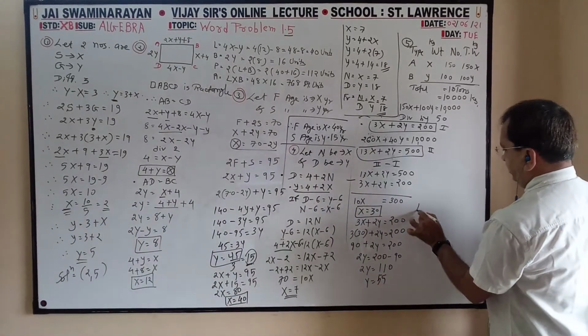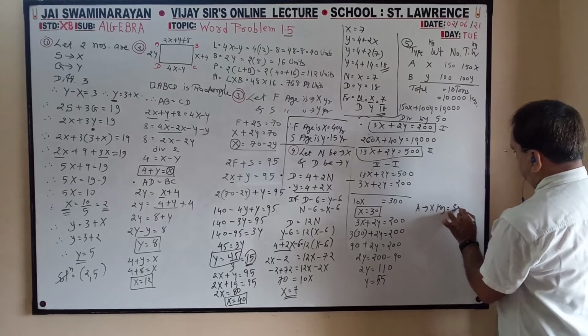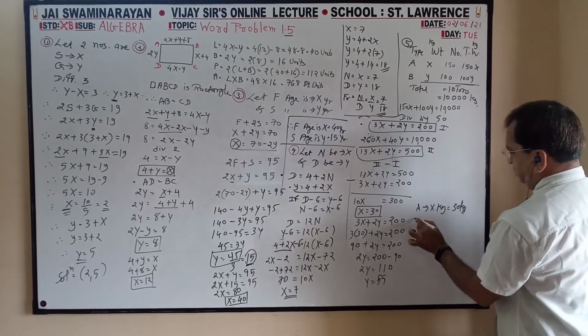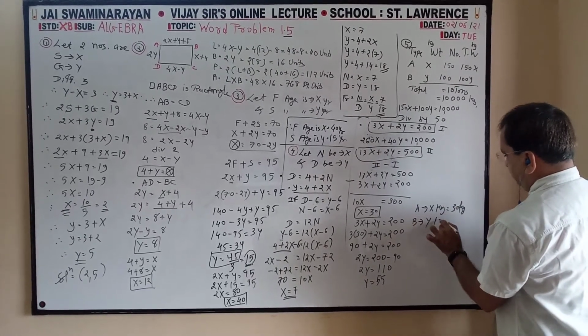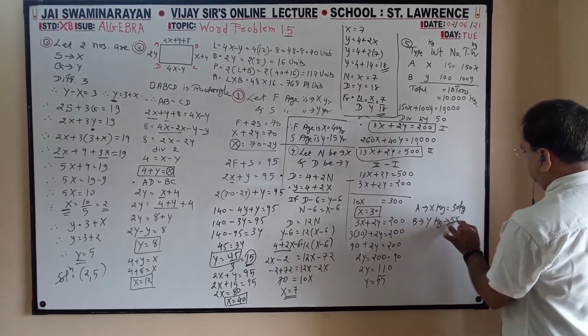So type A, x kg, 30 kg. Type B, y kg, 55 kg.